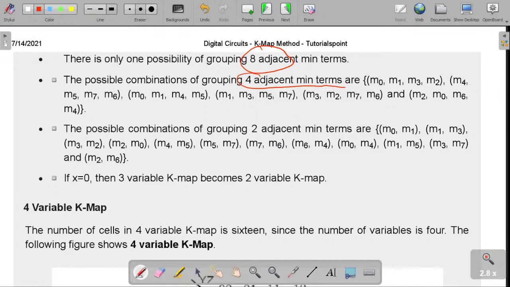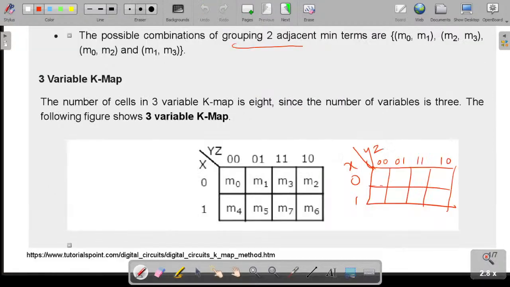For grouping the 4 adjacent minterms, in this case, if I group in one way, this is the second way. Then I can take m1, m3, m4; this is also one way of grouping.